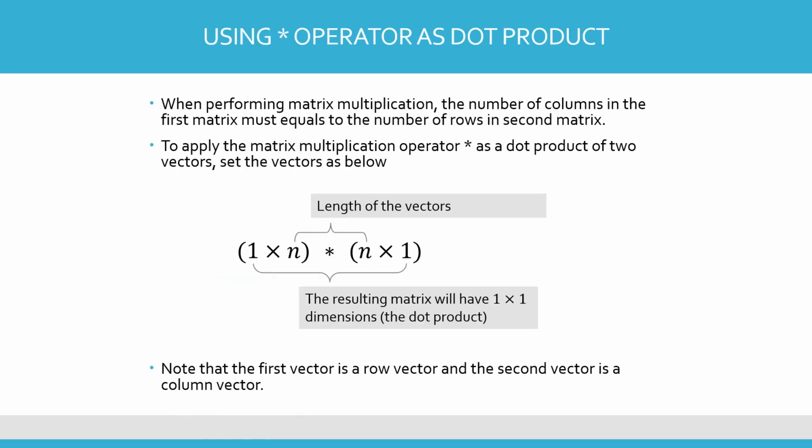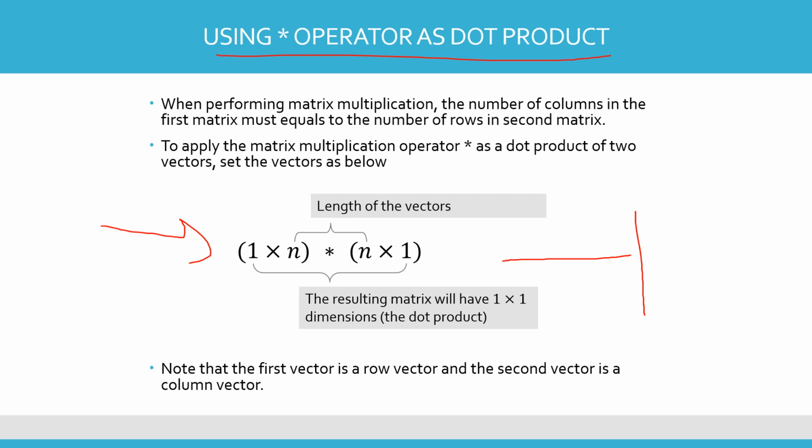If you want to calculate the dot product, the metric needs to be something like this. Other than this metric, you cannot do a dot product. Basically the metric needs to be horizontal first and then vertical: 1 multiplied by n, so 1 means one row multiplied by n, and then you have this one.